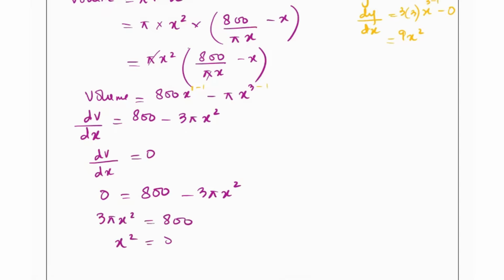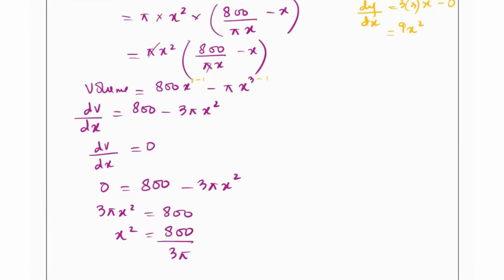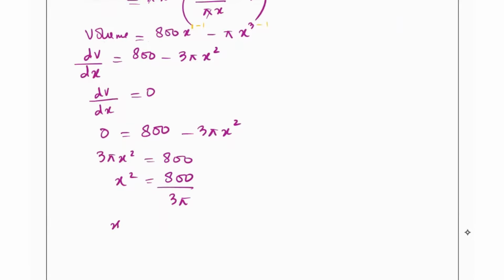X squared equals to 800 divided by 3 pi. So that's going to be 84.88. Now we square root that, and x is 9.21.